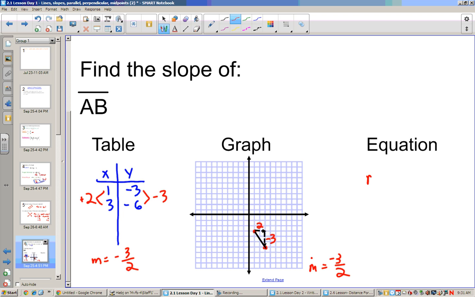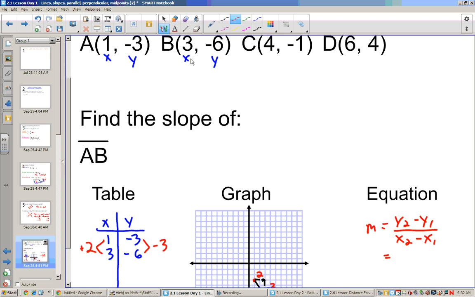Our third way of getting it is using the equation, y2 minus y1 over x2 minus x1. So now since we need numbers, the first ones are the 1s and these are the second ones. So y2 is negative 6 minus a negative 3 all over x2, which is 3 minus 1.